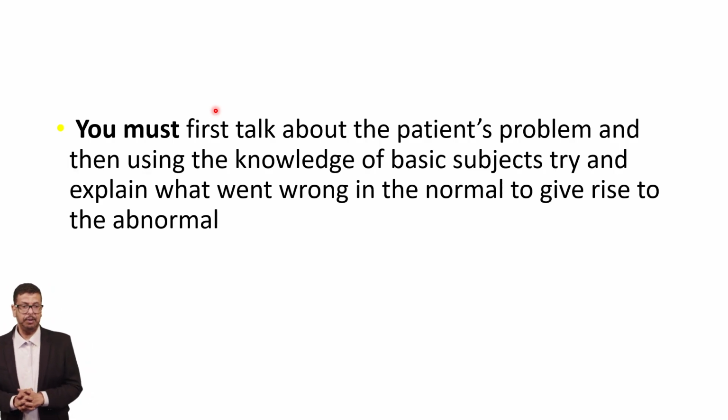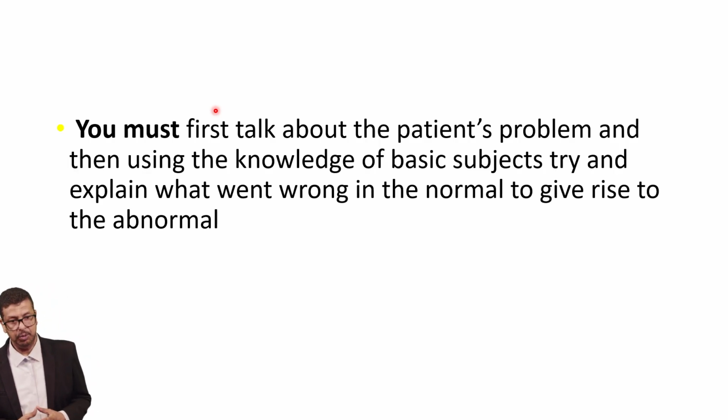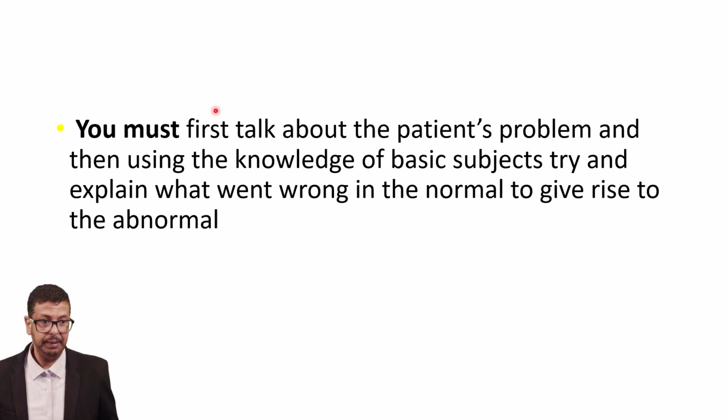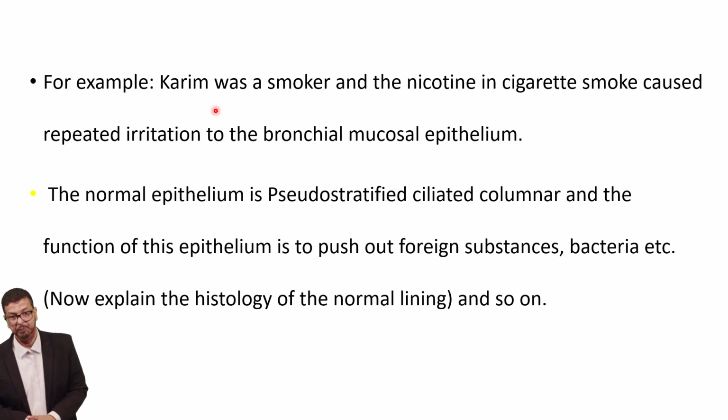You must first talk about the patient problem, and then, using the knowledge of basic subjects, try to explain what went wrong in the normal to give rise to the abnormal. For example, Karim was a smoker, and the nicotine in the cigarette smoke caused repeated irritation to the bronchial mucosal epithelium.